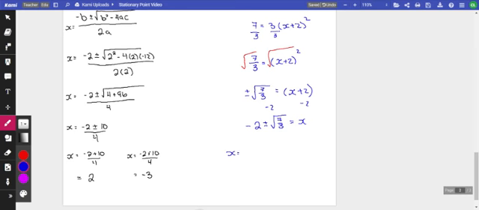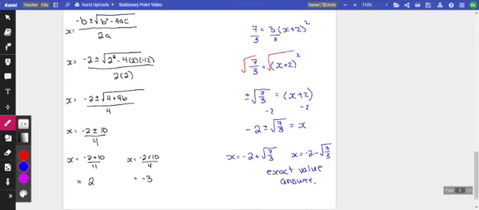We have x equals negative 2 plus the square root of 7/3, and we have x equals negative 2 minus the square root of 7/3. So you can leave it like this. This would be an exact value answer. If you have a calculator, you can, of course, actually figure out what the decimal approximation is.